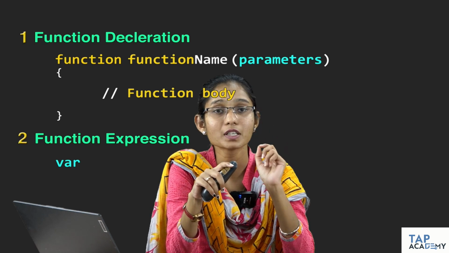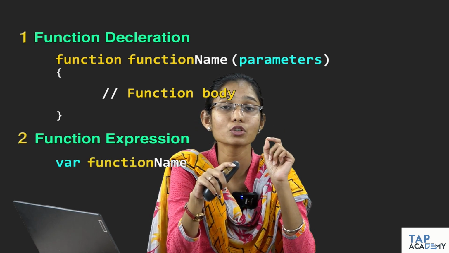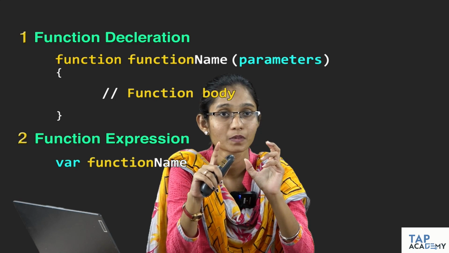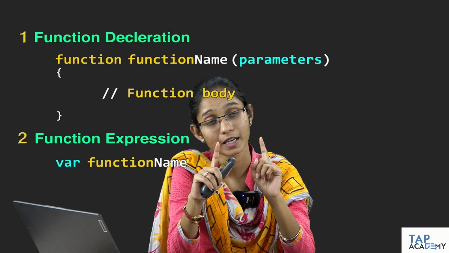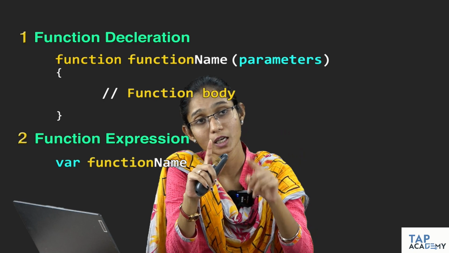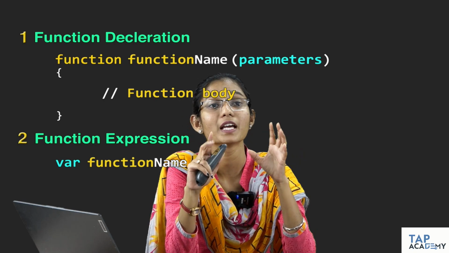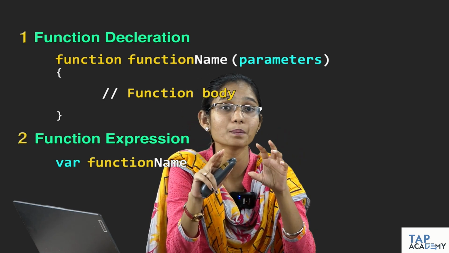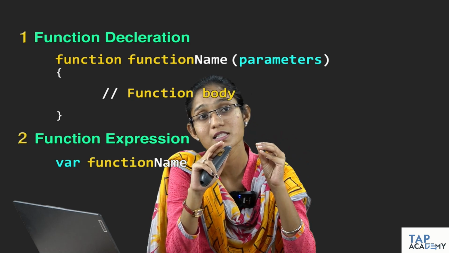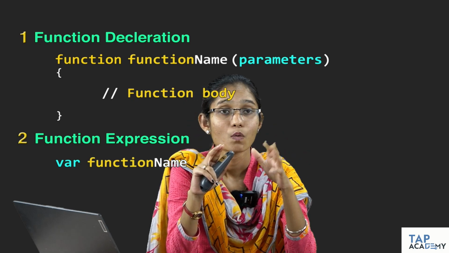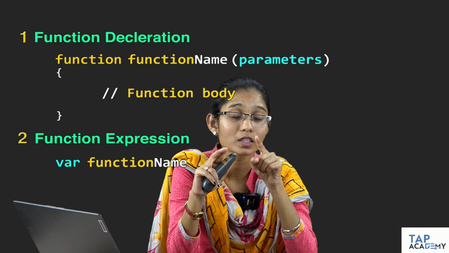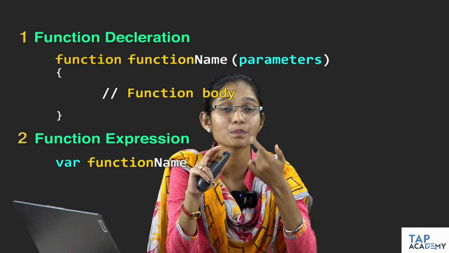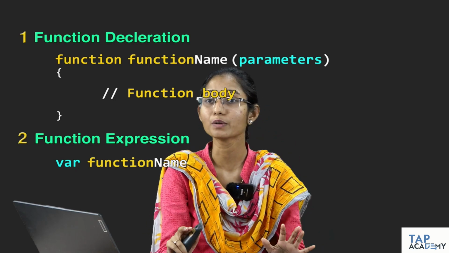After that, we have to use the function name. Again I am repeating it: you can consider the function name a variable name, but while invoking, this is the name that we have to use to invoke it.